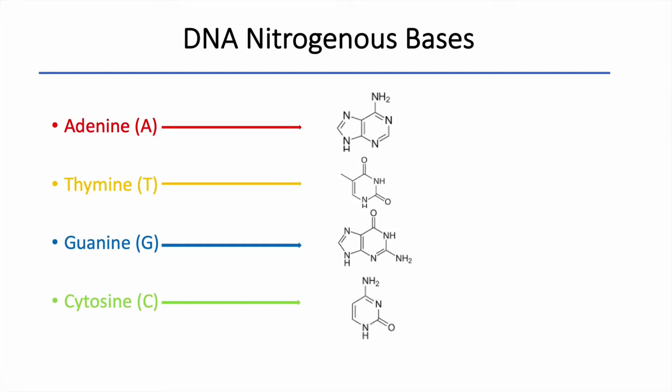The nitrogenous bases are the letters of the alphabet that instruct replication, transcription, and translation that I discussed in a previous slide. The 4 bases are adenine, thymine, guanine, and cytosine. These 4 letters, or bases, serve as the primary building blocks of DNA.